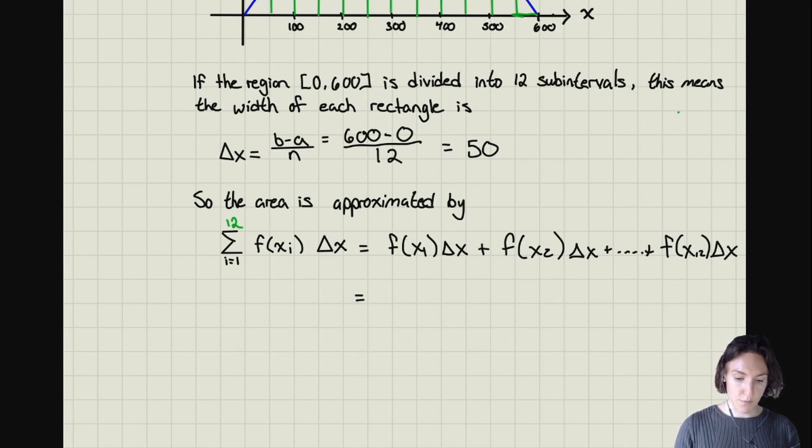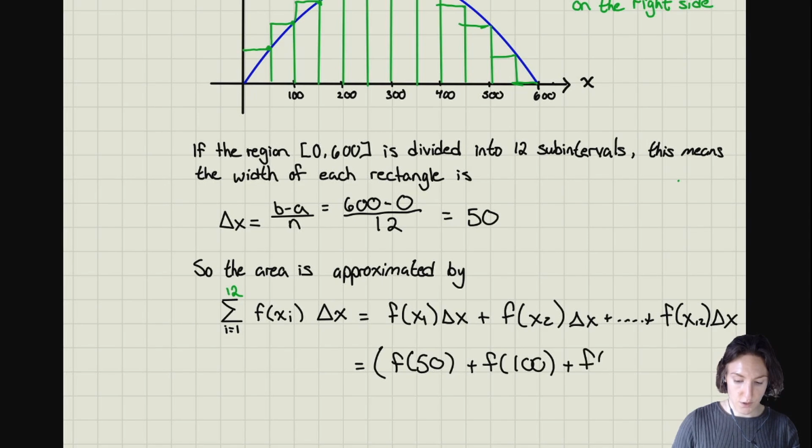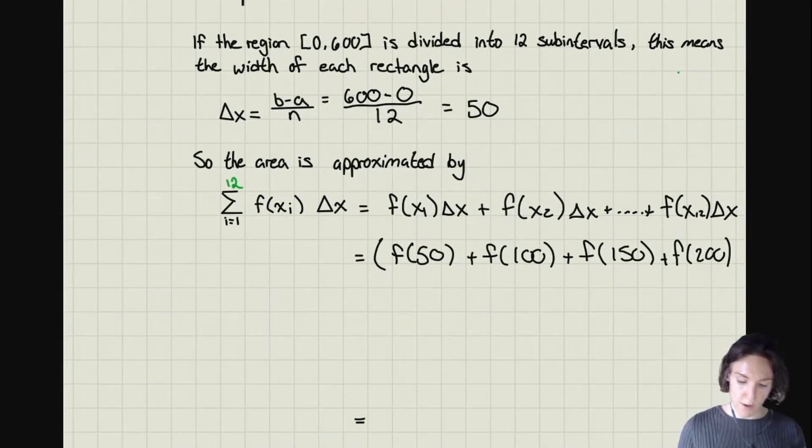And then same as before, we'll factor out the delta x, and then what does this mean? So my first point, my right endpoint, is going to be at 50, and then 100, 150, 200, 250, and so on and so forth. So I'm going to have to find out what each of these are. And then we'll plug in the value of whatever f is at that point.